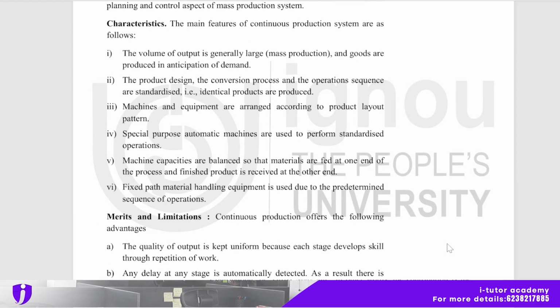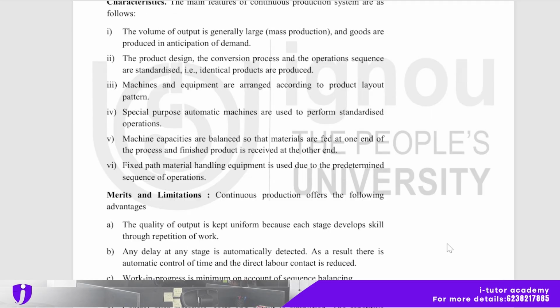Characteristics. The main features of continuous production system are as follows. The volume of output is generally large and goods are produced in anticipation of demand. The product design, the conversion process, and the operation sequences are standardized. Identical products are produced. Machines and equipment are arranged according to product layout pattern.